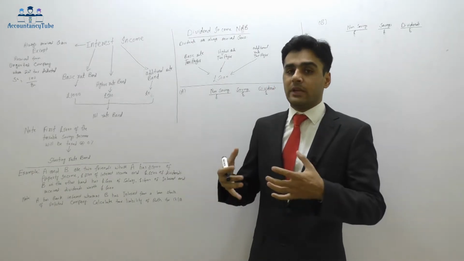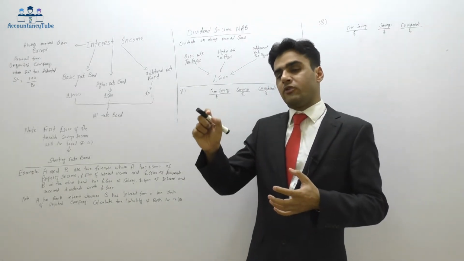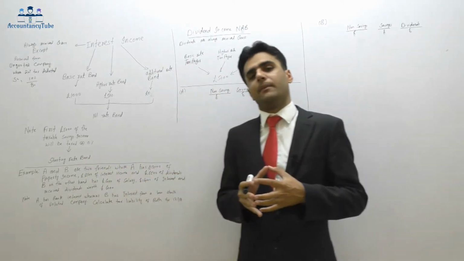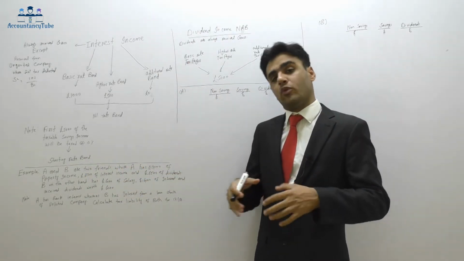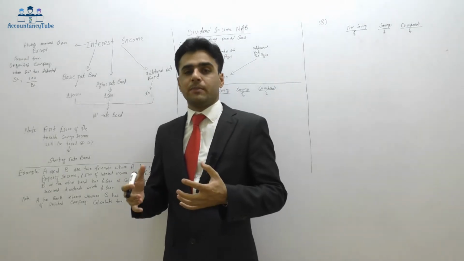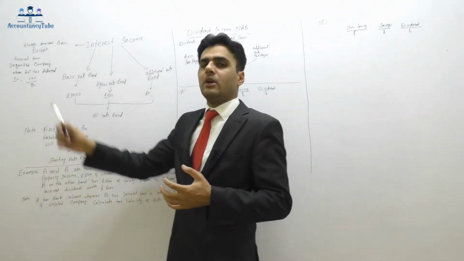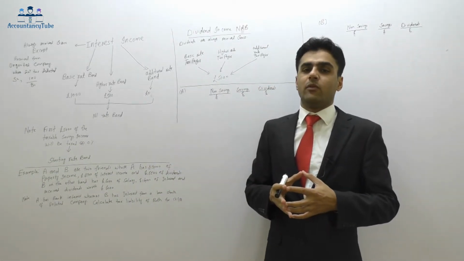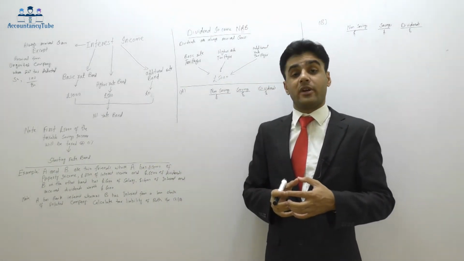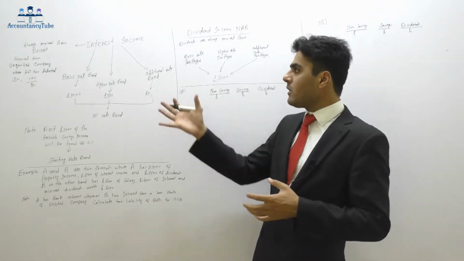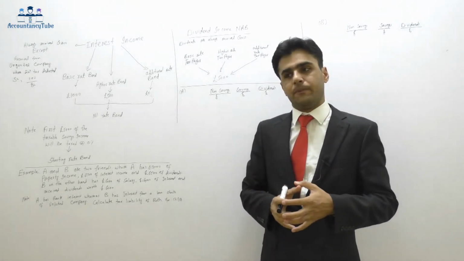So whenever a question says that interest is received from an unquoted or unlisted company, we need to gross it up. How do we gross it up? Multiply by 100 divided by 80. Why are we doing so? Because 20% tax was already deducted and we need to gross it up. All right? So that was our interest income.